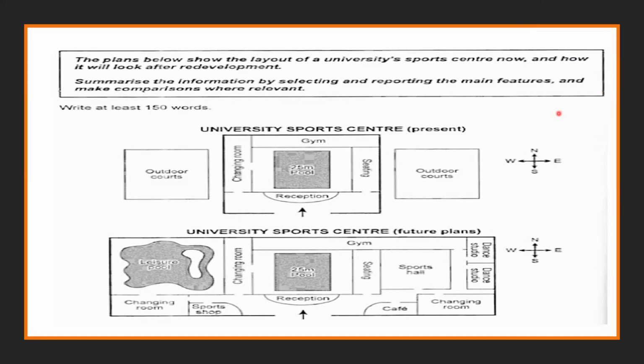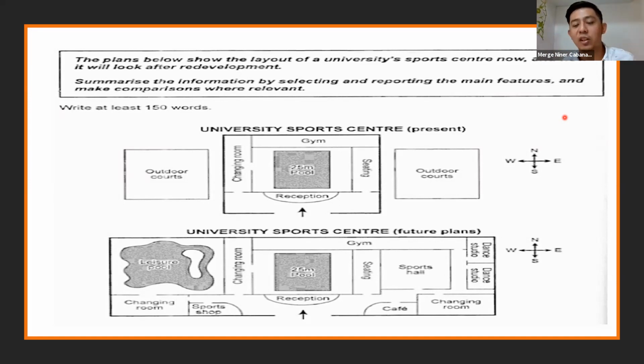The illustration gives information about the present layout of a university sports complex and how it will look in the future development. Okay, so how many sentences was that? Tatlo po. Tatlo? Ay, dalawa. Dalawa, okay. So always remember, you cannot exceed 2 sentences. You cannot write 1 sentence. Actually, I like the feature you put in your introduction, but the problem is you already jump right into the present and the future.